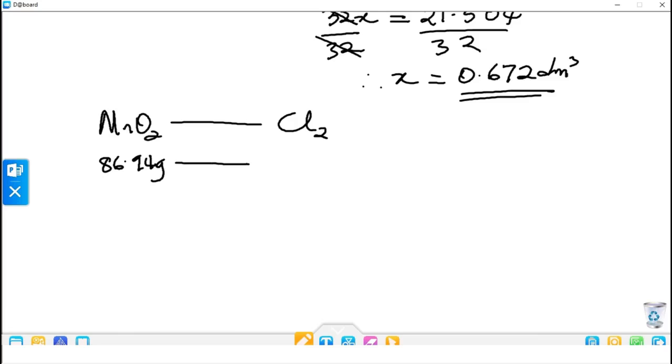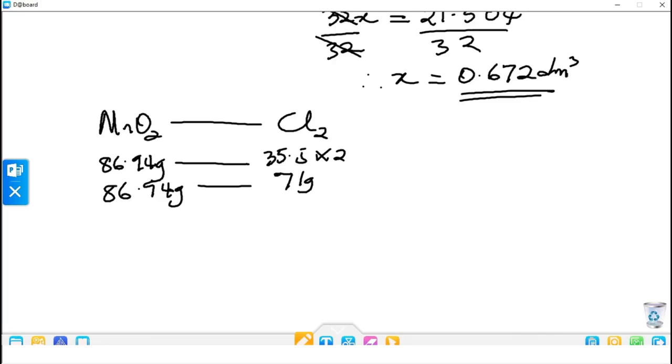But we can calculate that for chlorine. Chlorine is 35.5, but there are 2 atoms there, so it's 35.5 times 2, which is 71 grams. So 86.94 grams of MnO2 produces 71 grams of chlorine from the equation.